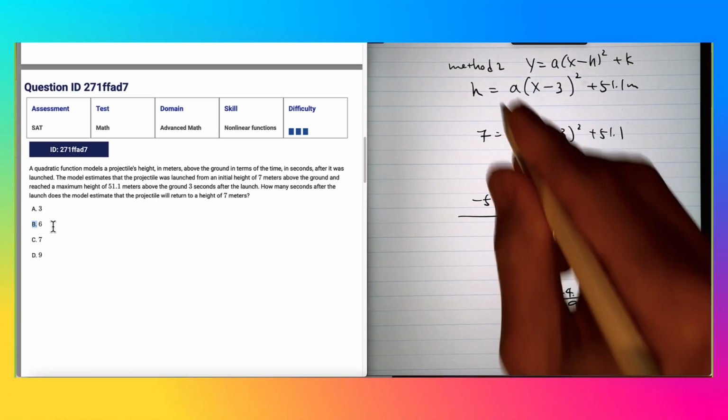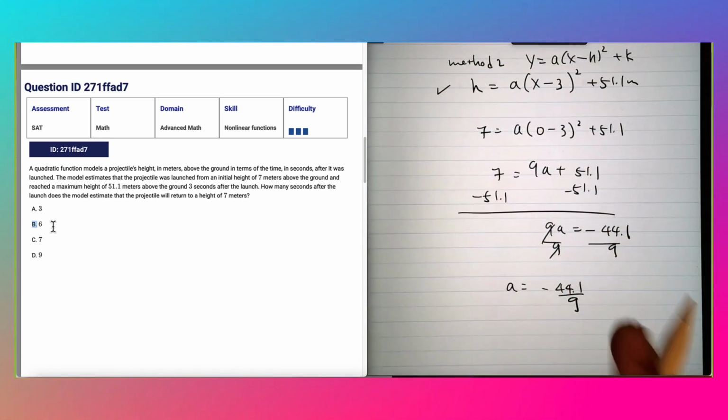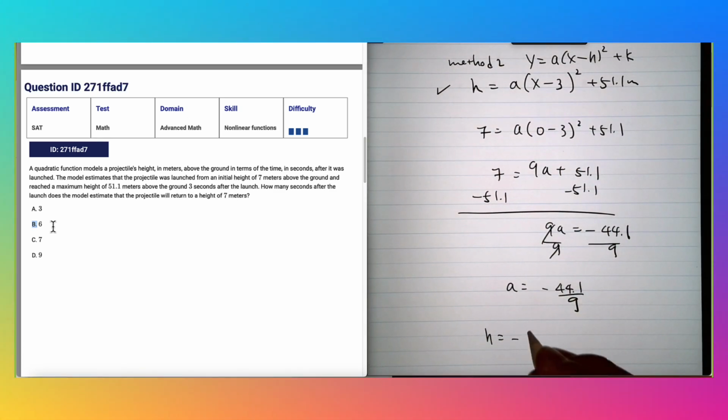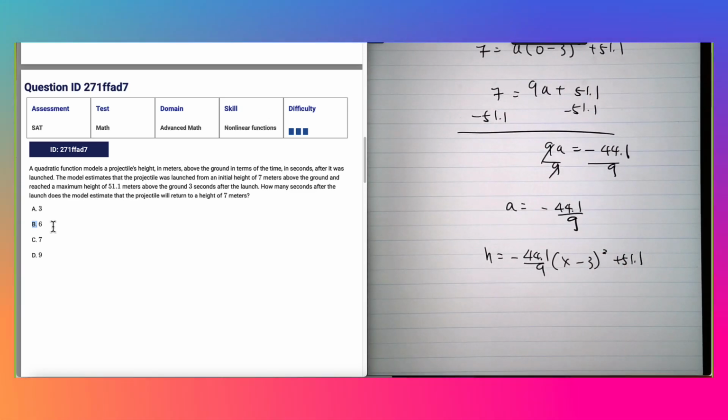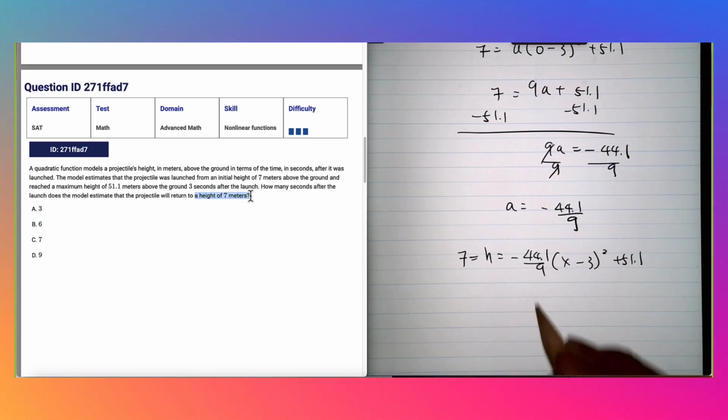So I plug this value into the formula up here where the a is. So I get h is equal to negative 44.1 divided by 9 times (x minus 3) squared plus 51.1. We want to come back to the height of 7 meters. So when you replace height with 7, now the rest can be done on a calculator.